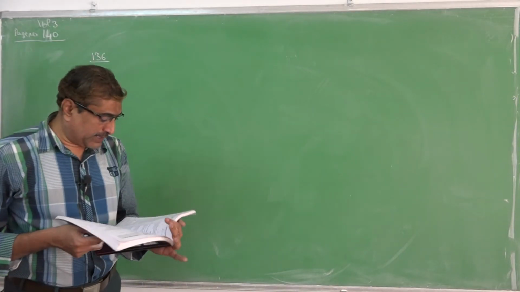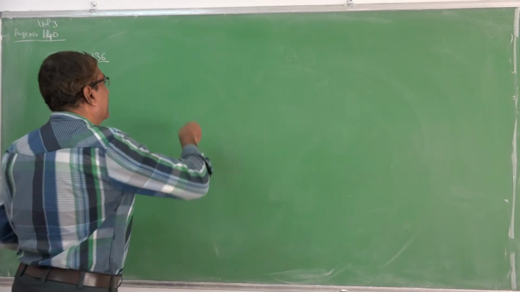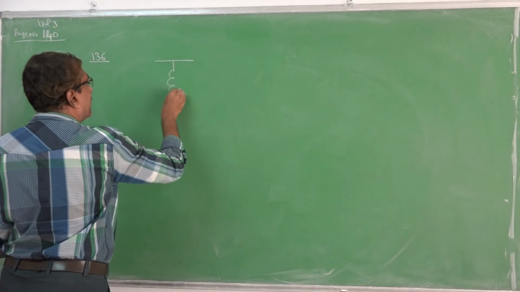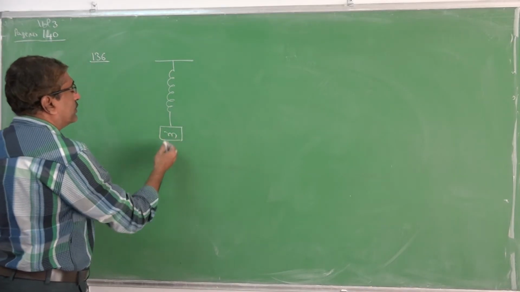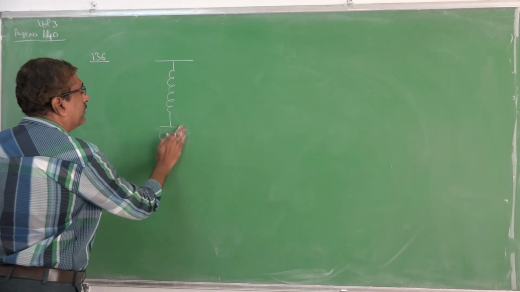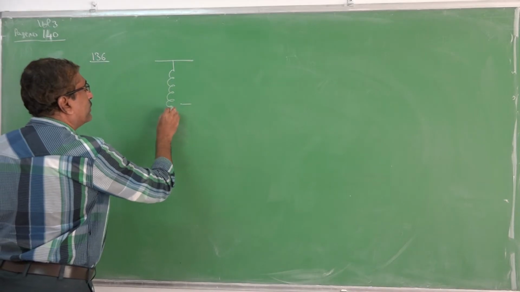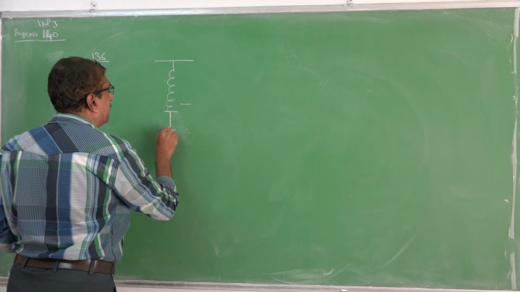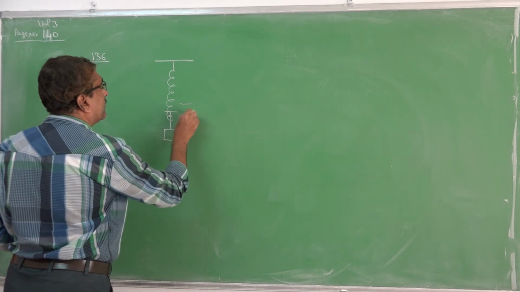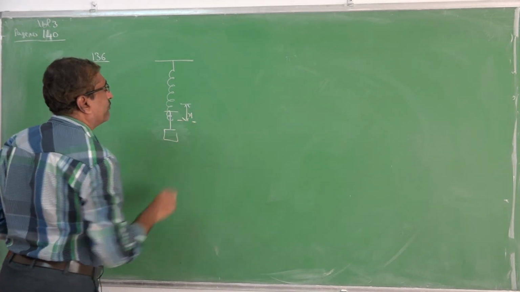A body of mass m is suspended from an ideal spring. So assume that this is a spring, loaded by a certain mass m. By adding this mass m, there will be a small displacement. Suppose by adding this mass, its position decreases like this. So assume that this is x.